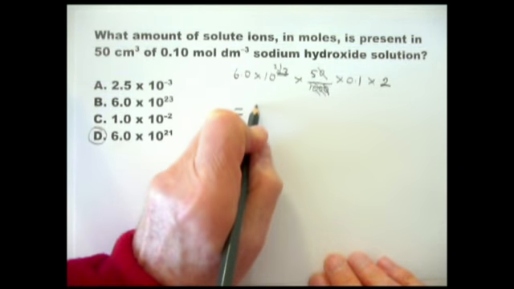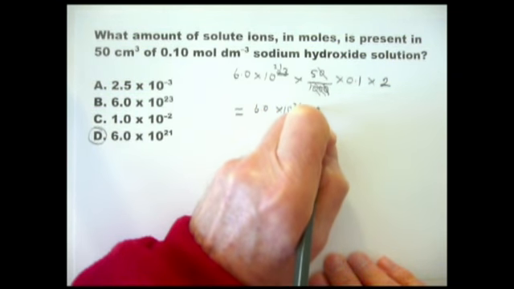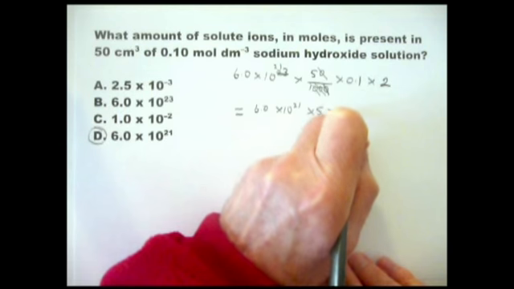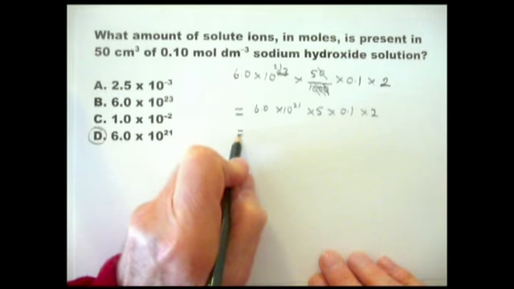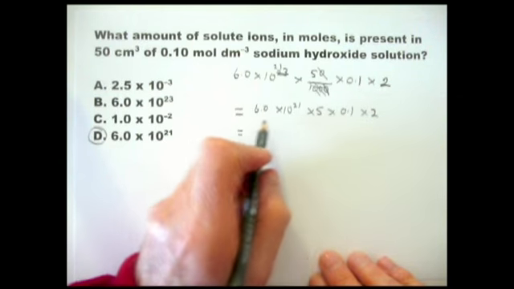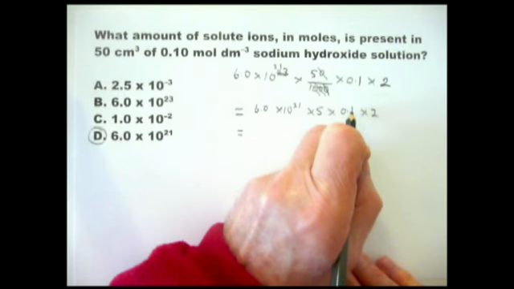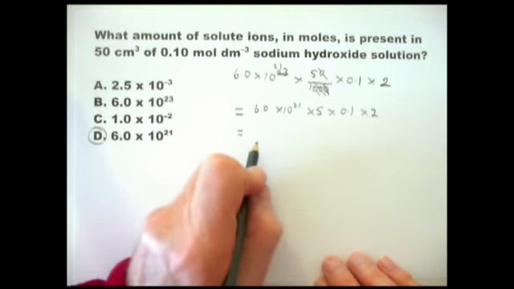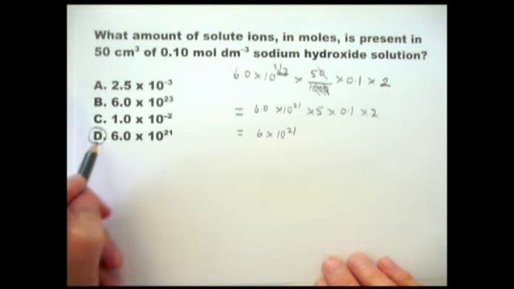So it's 6.0 times 10 to the 21 times 5 times 0.1 times 2. And we can do this. Let's bring the 6 times 5 is 30, that's 30, times 0.1 is 3, times 2 is 6. 6 times 10 to the 21. And that comes to that.